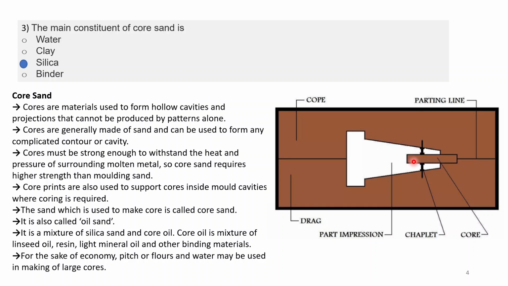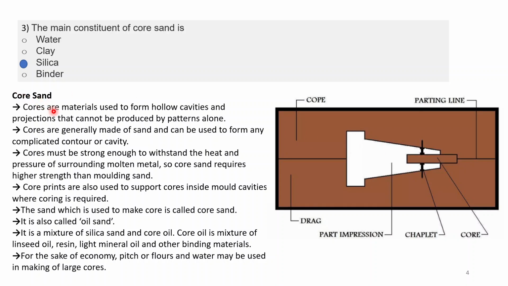So if the material is precious or expensive, then it might be advantageous. Next up, this core is held in its position by using chaplets, and this is the core.